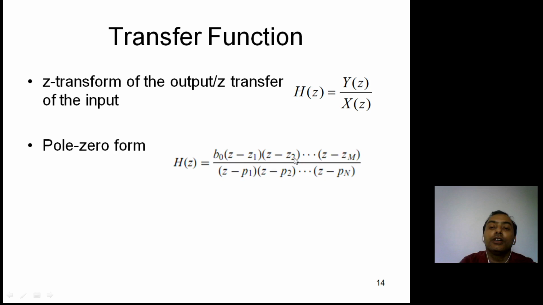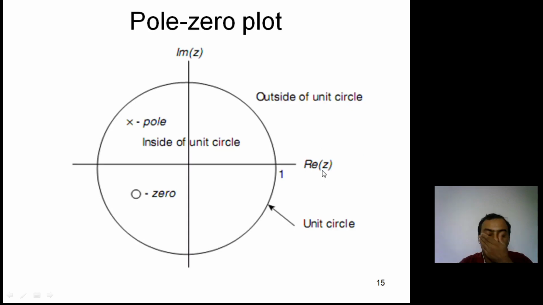Now the pole-zero plot. You know from the last study how poles and zeros are plotted: the imaginary axis and the real axis, real z and imaginary z, with poles inside or outside the unit circle. A circle drawn on the real and imaginary axes with radius 1 is called the unit circle.